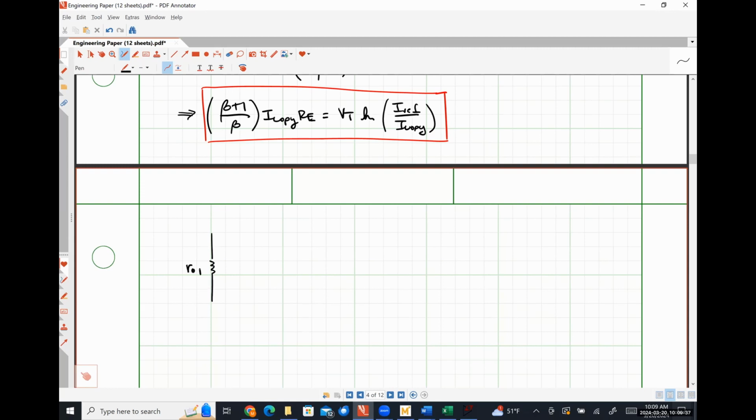So here's R01, GM1 VBE1, R pi 1, here's VBE1, and because this guy is diode connected, our base and our collector terminals are tied together like so.